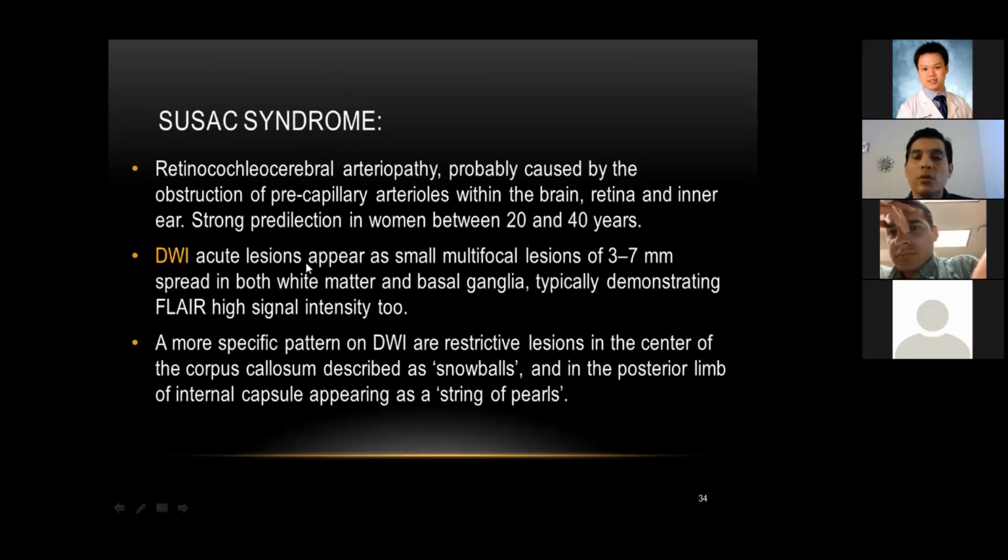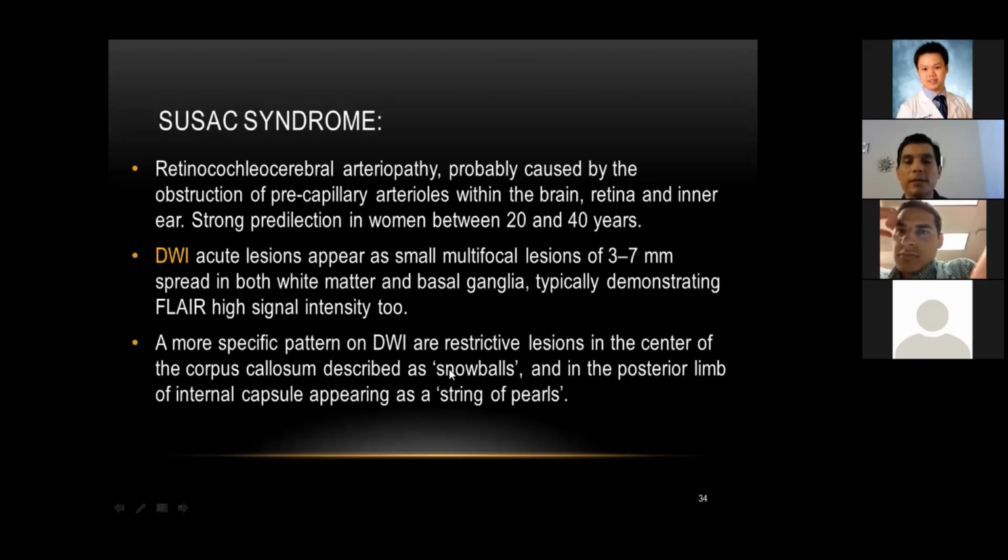With a strong predilection in women between 20 and 40 years, DWI in acute lesions appears as 3 to 7 millimeter lesions spread in both white matter and basal ganglia. In FLAIR there is high signal intensity too. The restriction of the lesions could help to know if this will have a good prognosis or not.